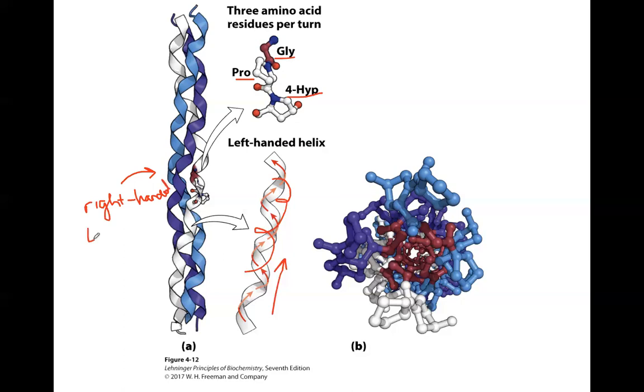Right-handed triple helix. So each turn has 3 amino acid residues, right?